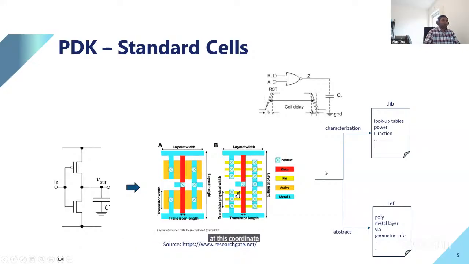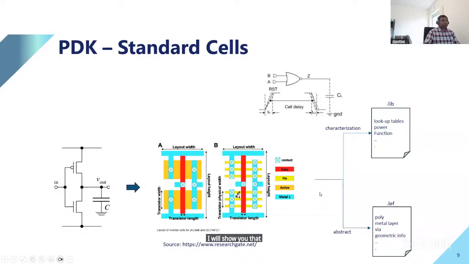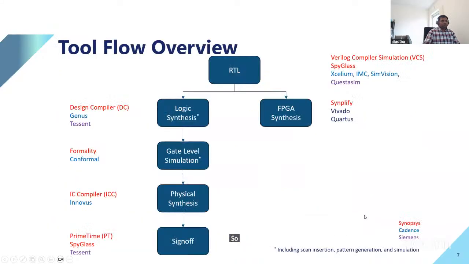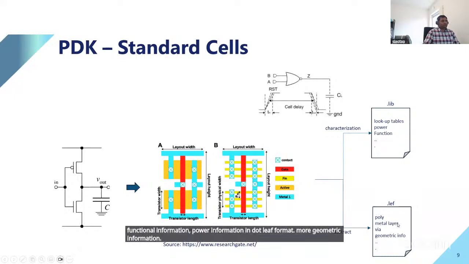So we know where to lay out the metal in order to make connectivity. I will show you that in detail. What I want to say here is that you have timing information, functional information, power information, and more geometric information in the .lib format.